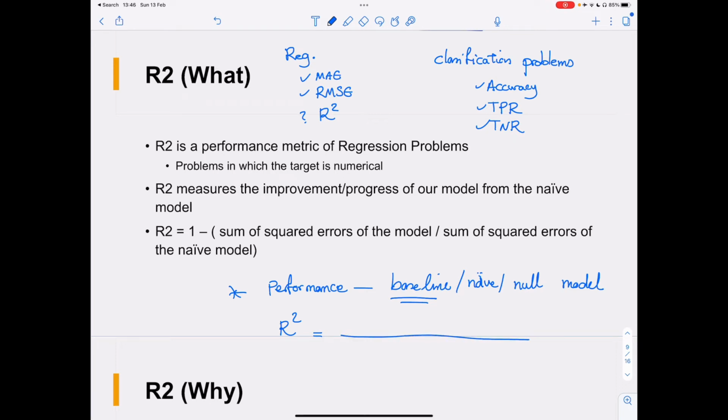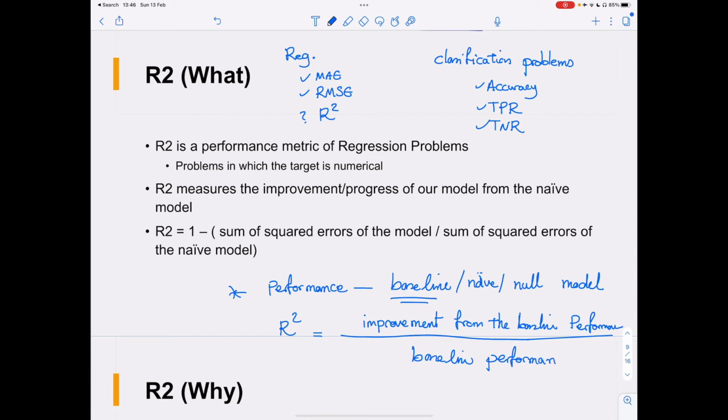Okay, so the amount of improvement from the baseline performance over the baseline performance. And how do we calculate the improvement?